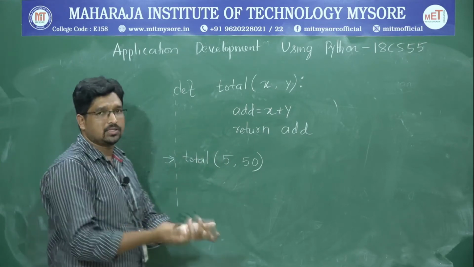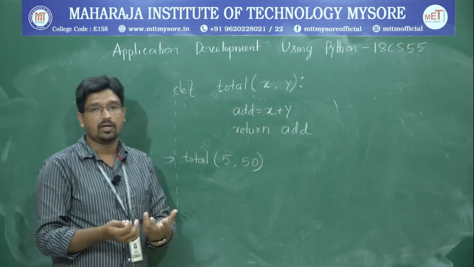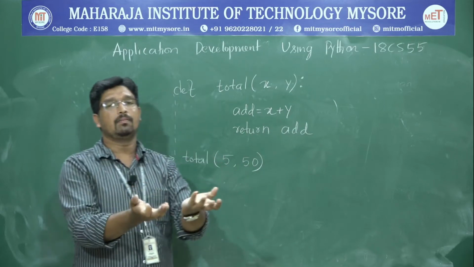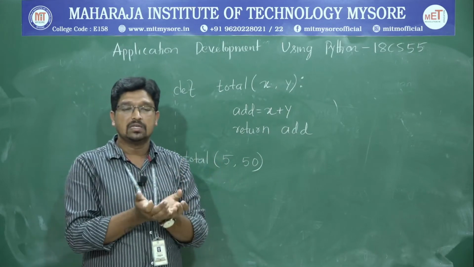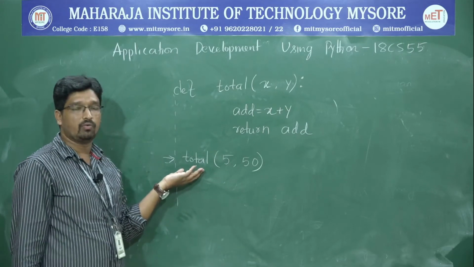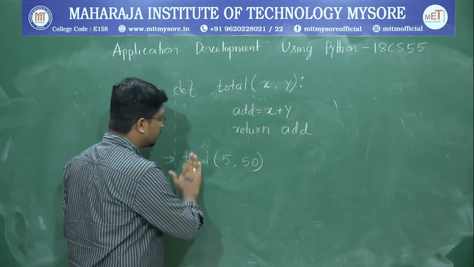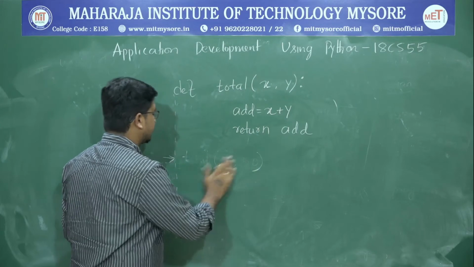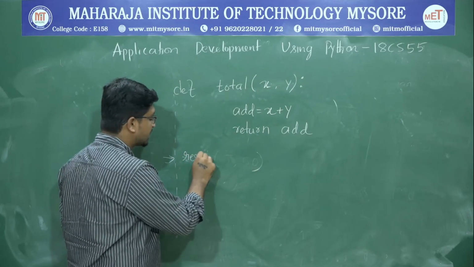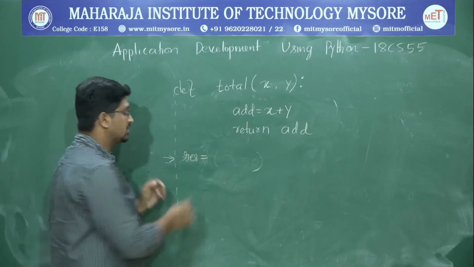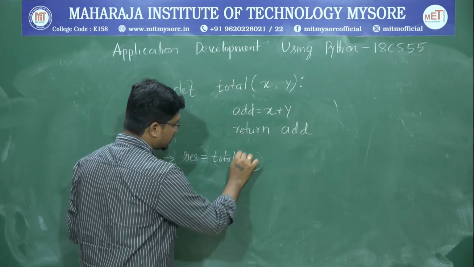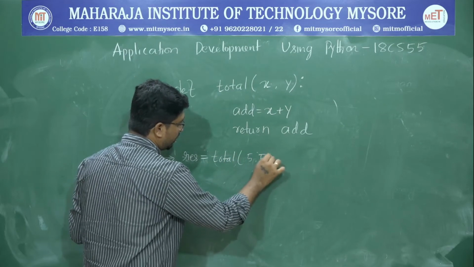But whenever somebody is returning something, I have to receive it, right? If someone is returning something, I should be a receiver. So here, where is the receiver? Receiver not found. So for that, what you should do, you can take one more variable, let us say result, res, result is equal to total function 5 comma 50.